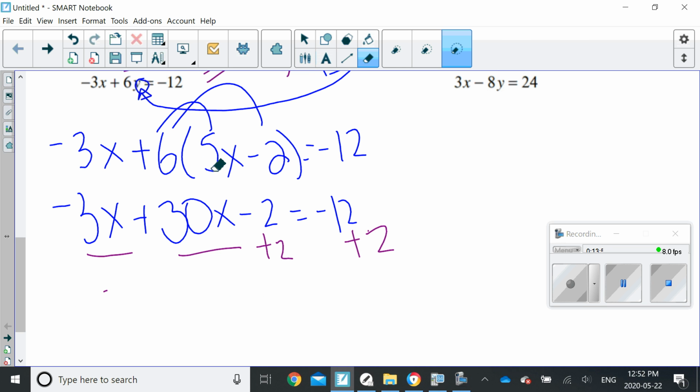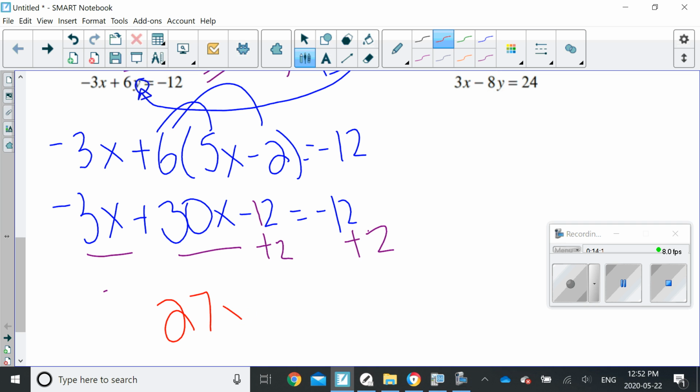So 6 times 5x is 30x, and 6 times negative 2 is negative 12. Okay, so let's see if we can fix this. Negative 3 plus 30 is 27x.